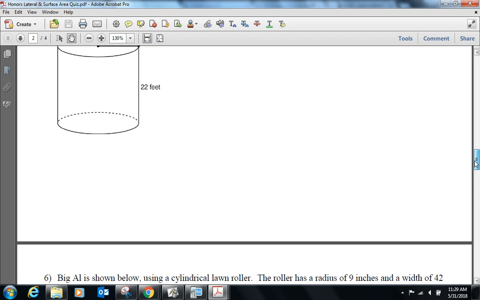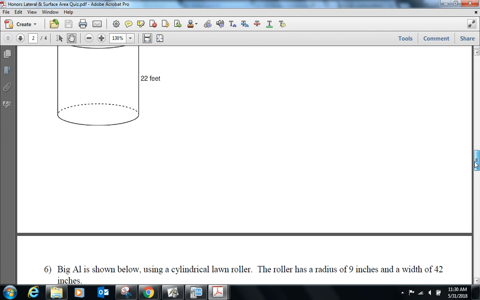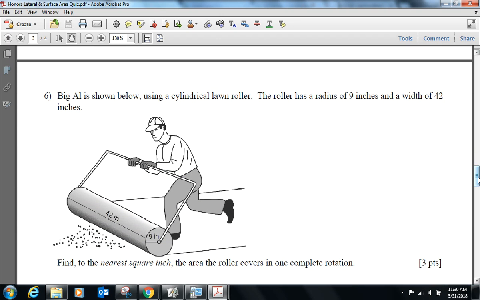Big Al is shown below using a cylindrical lawn roller. He's old school. I like it. Everybody, Big Al. You've probably seen it, not mowing a lawn, but the seeding, where you put seeds down to help the lawn grow.